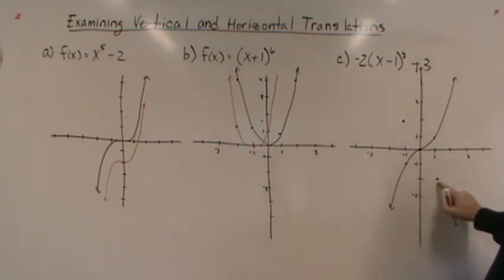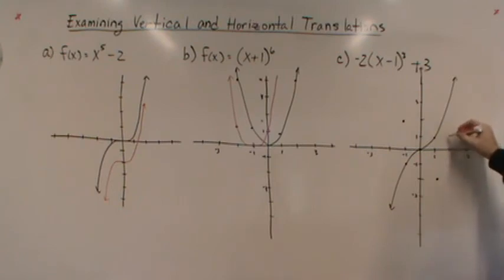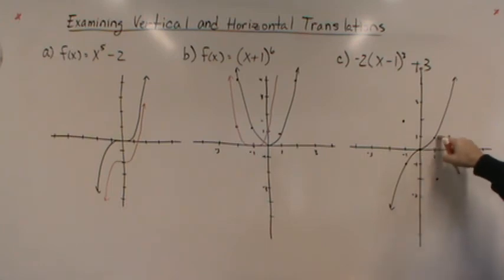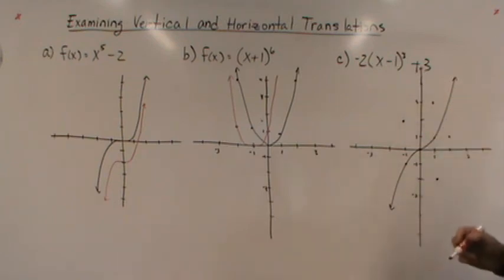This point goes to the right 1, to 2, and then up 3: 1, 2, 3, so this one goes right here. And the origin goes right 1 and up 3, right here. So what happens?